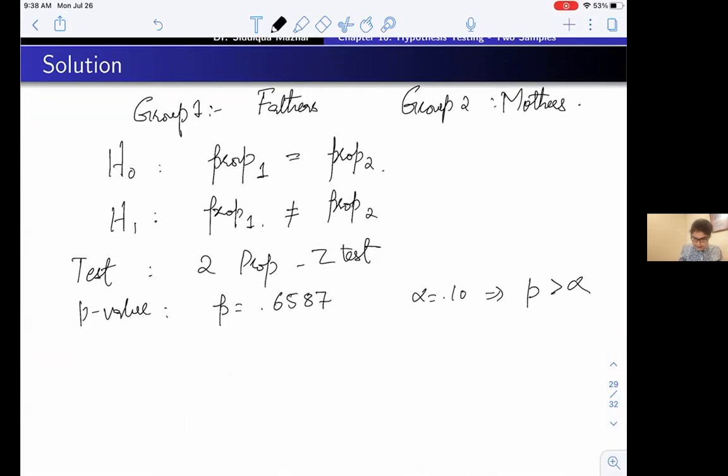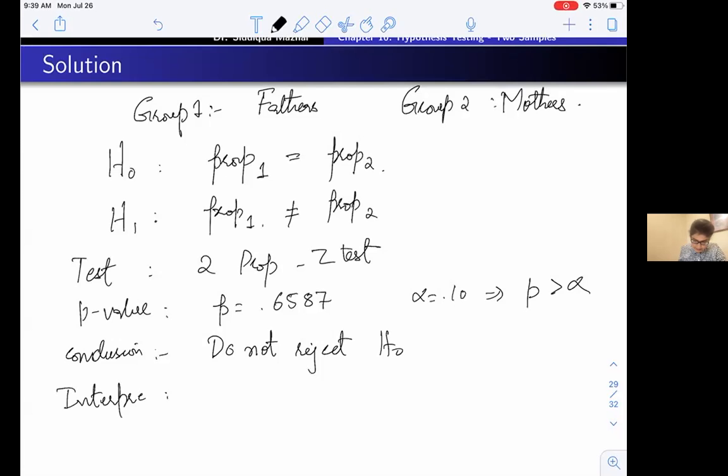So if P value is greater than alpha, what is my conclusion? Conclusion says that we do not reject the null hypothesis.